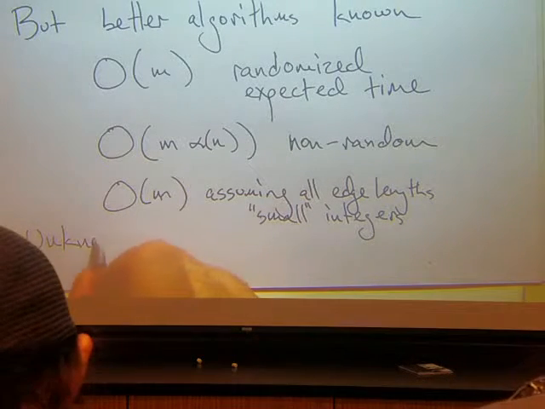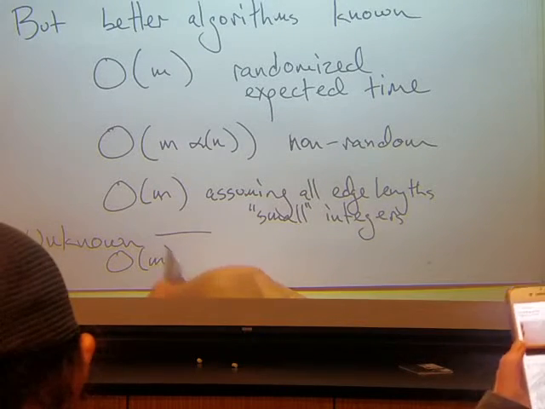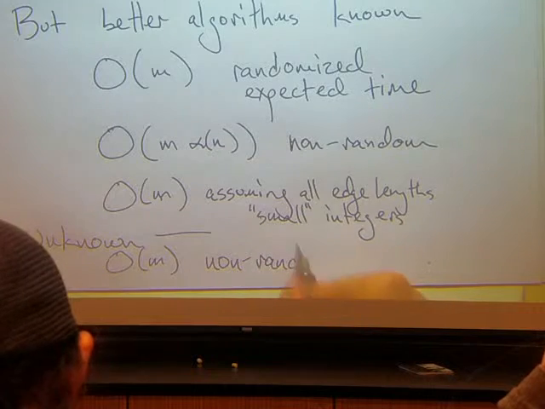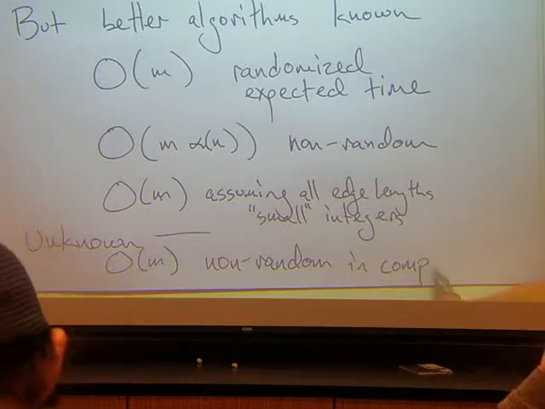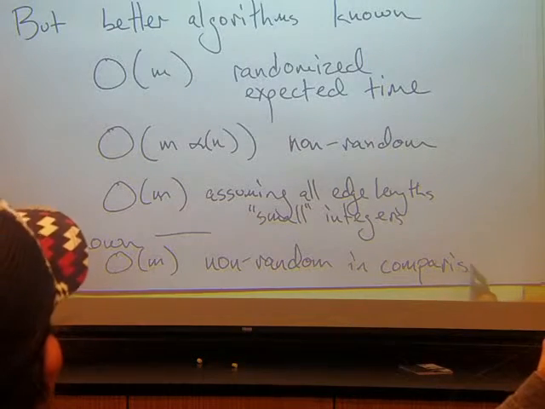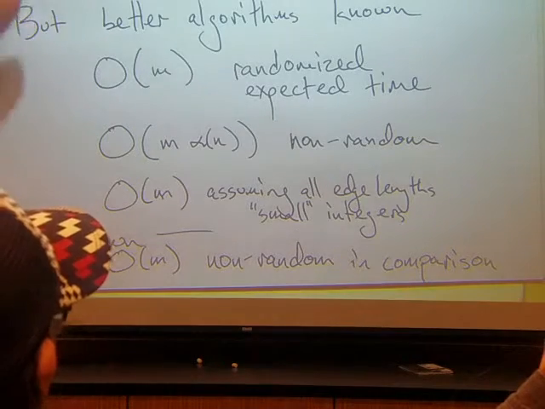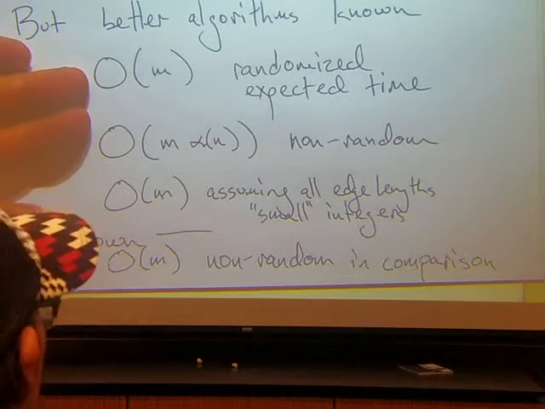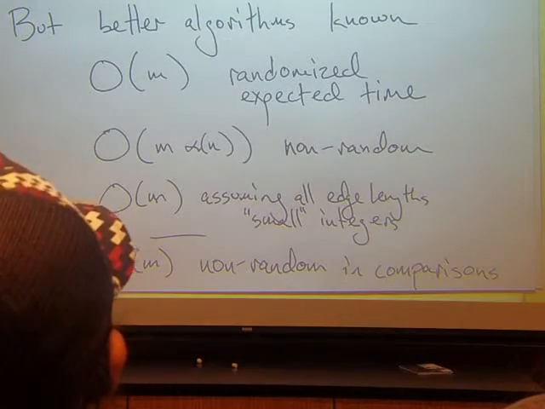So it's still unknown, an open problem, whether we can do order m time, non-random, in a comparison model. Because all of the algorithms that I showed you only need to look at the edge lengths by comparing them, and those algorithms have m log n time. You can do better in a comparison model, but we don't know whether we can actually get linear time.